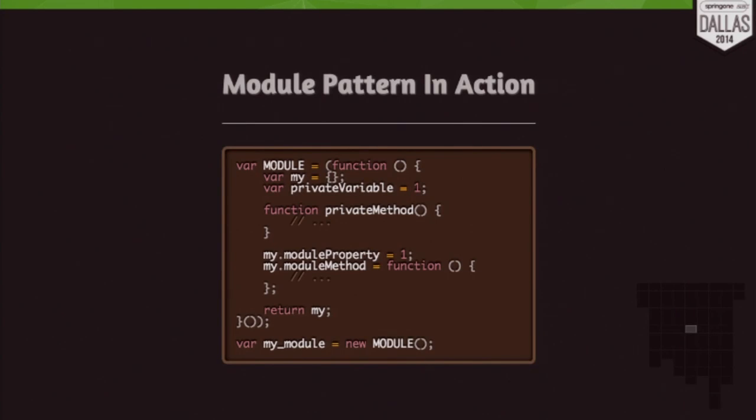And everything which you do on those lines is in isolation here. And what you expose will be this myObject, where you put your module property and your module method on it, and that's what you will expose to the external world. And at the end, you have a var myModule equals new Module if you want to use this module. So there are ways in JavaScript to respect isolation and private state, because some people think you can't do that in JavaScript.